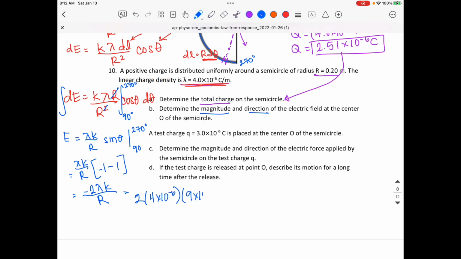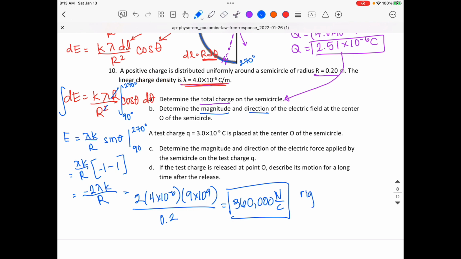K is 9 times 10 to the 9. And R is 0.2. When I plug all those values in, I get 360,000 newtons per coulomb. And that matches 3.6 times 10 to the 5th newtons per coulomb. So that's going to be my electric field. Direction is to the right.